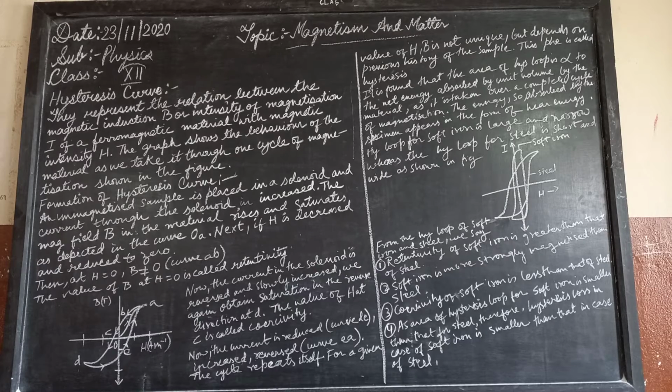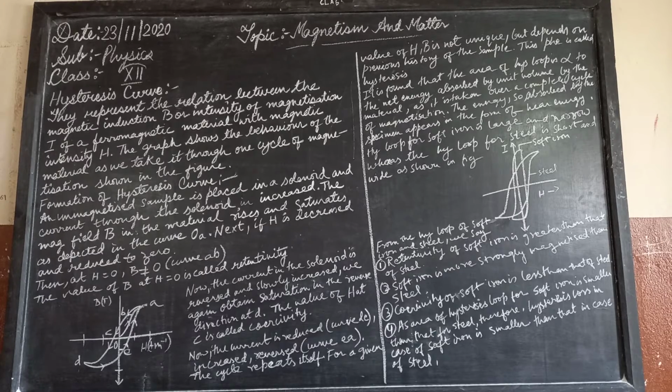The reverse direction current we need to give will be low in comparison to that of steel. As the hysteresis loop for soft iron is smaller than that of steel, the hysteresis loss in soft iron is smaller than in steel, because the loop of steel is wide, as given in the diagram.